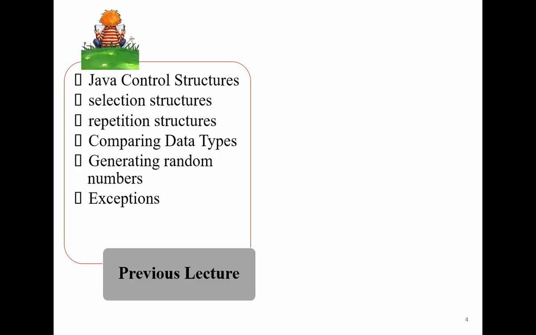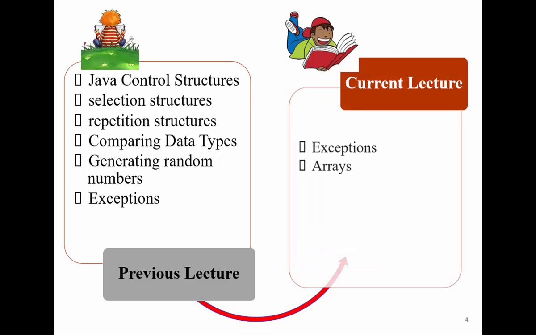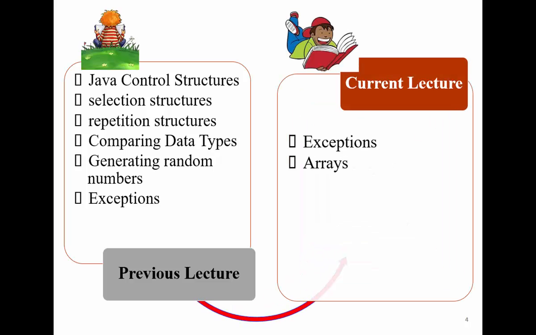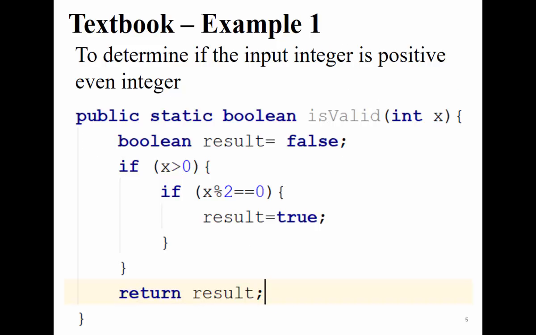We also discussed generating random numbers, and we touched on the topic of exceptions. We didn't complete it. Today we're going to talk about exceptions, arrays, and if we have a chance, we're going to get to strings. Now, just to highlight this example from the textbook to determine if the input is a positive and even integer, we use an if statement.